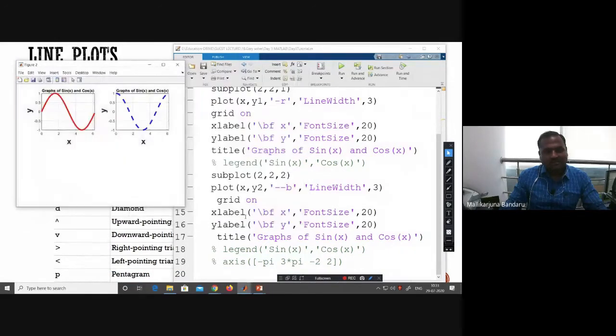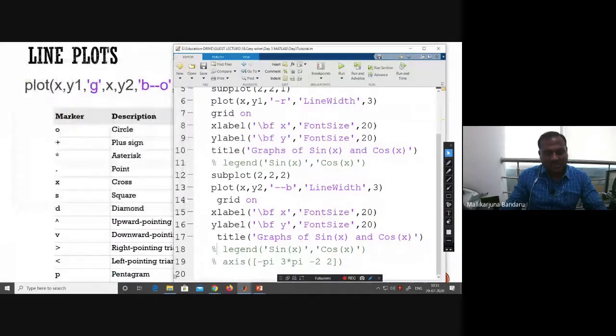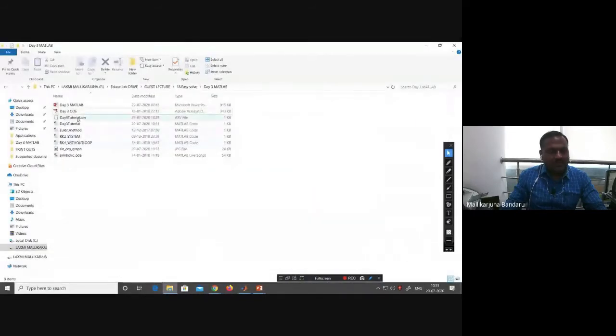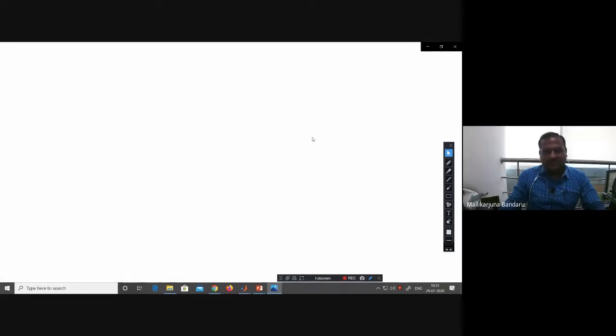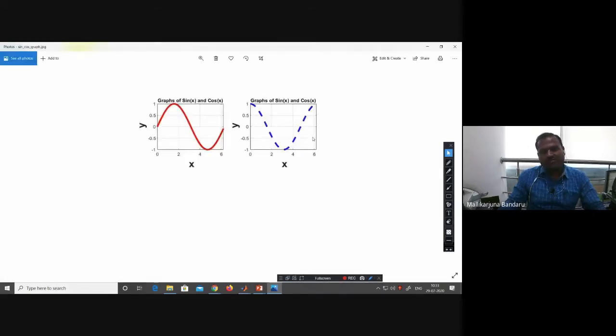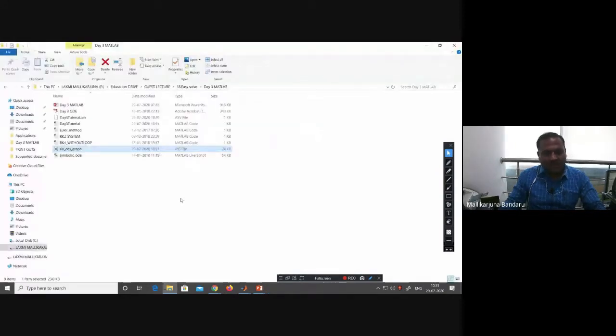Yes. Now I will close it and let me go to the folder. So this is the folder actually. Now let me open the same file. Now it will appear like this. See here, it is taking time to visualize this. See, this is the graph. And you can easily copy it into a Word document.